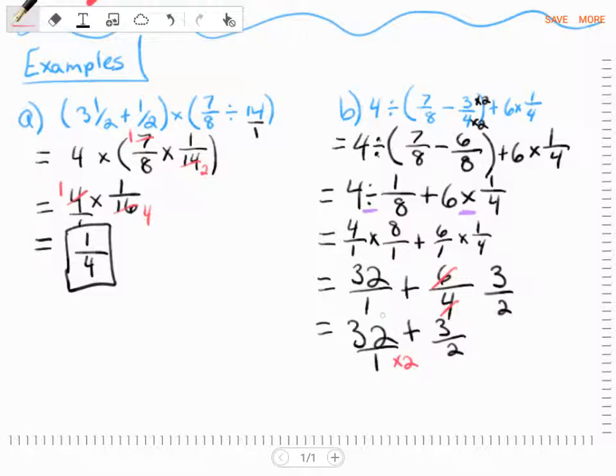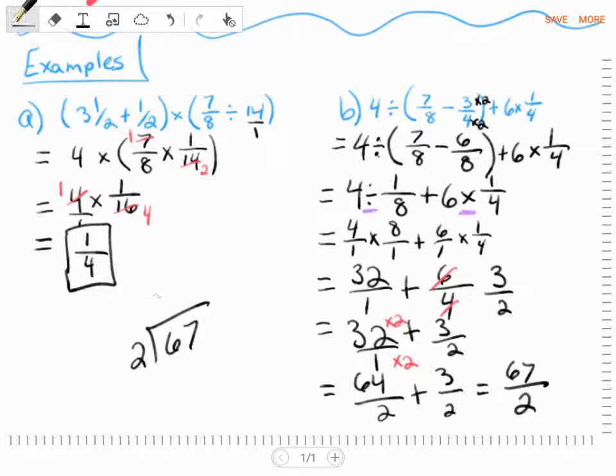Multiply it by 2 on the bottom and the top. 32 times 2 is going to give you 64. 1 times 2 is going to give you 2. Plus 3 over 2. This is all going to give you 67 over 2, which then you can change into a mixed number.